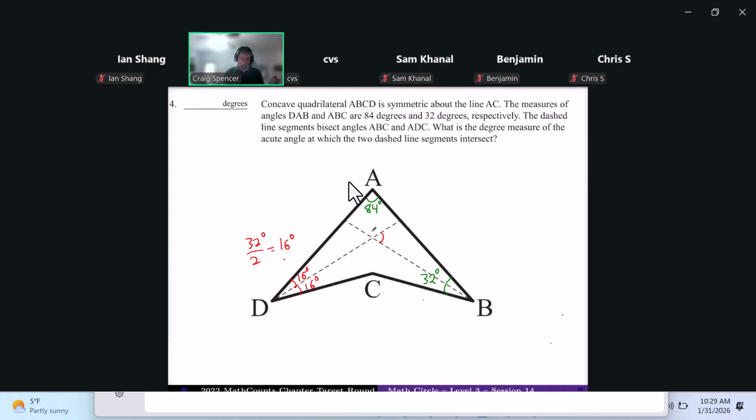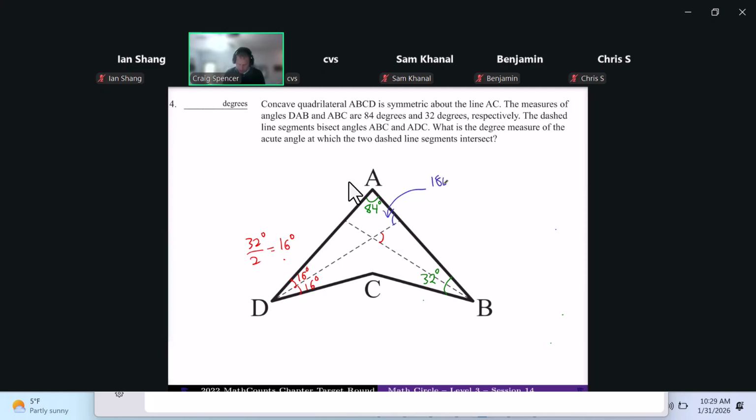But I happen to know that if I add up the degrees of all three angles inside of a triangle, they're going to add up to 180 degrees. So that would enable me to figure out, for instance, what this angle here is. Because this angle, whatever it is, plus 84 degrees, plus 16 degrees needs to add up to 180 degrees.